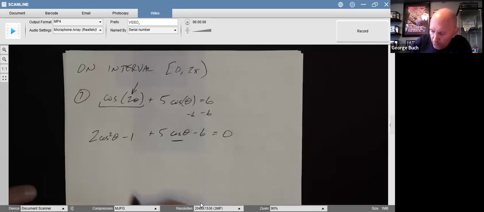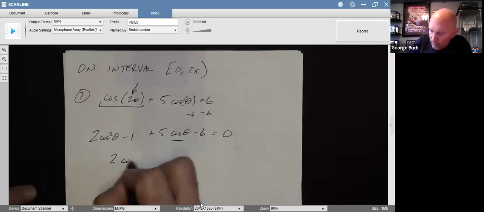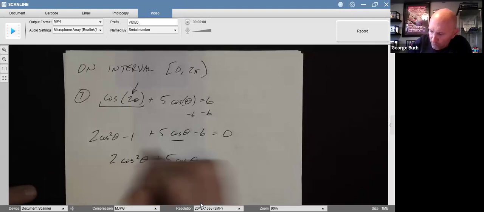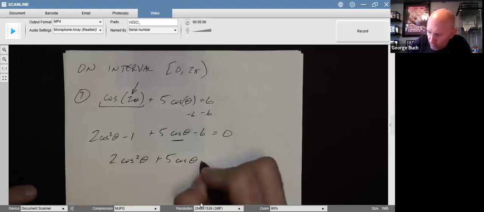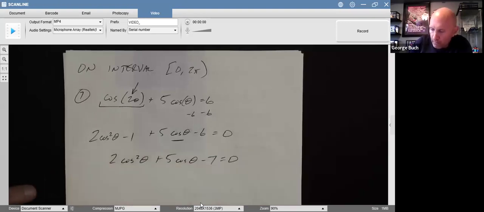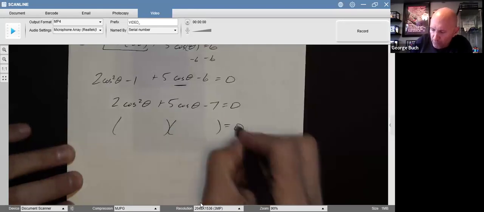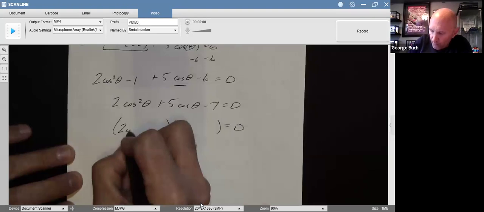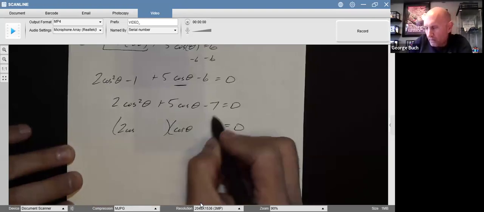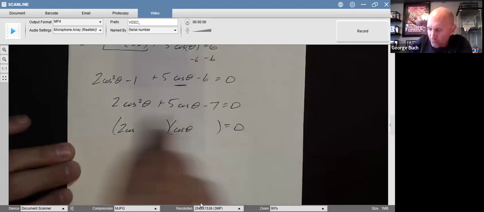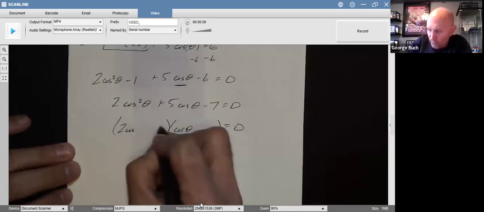So combine my like terms, I have 2 cosine squared theta plus 5 cosine theta. Negative 6 minus 1 is negative 7. So factor this. This can only be 2 cosine of theta and cosine of theta. And 7 can only be 7 and 1. Well, obviously 7 minus 2 is 5, so I need to keep the 2 and the 7 separate.